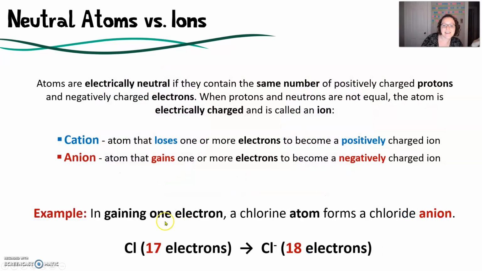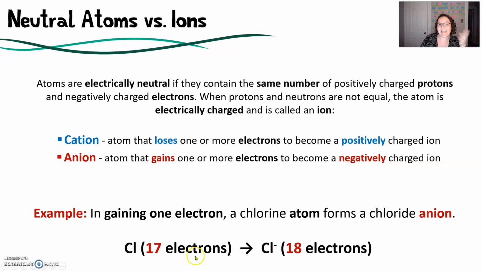Now, an anion is an atom that has gained one or more electrons and becomes negatively charged. So chlorine, which has an atomic number of 17, will therefore contain 17 protons. A neutral chlorine atom will also contain 17 electrons.